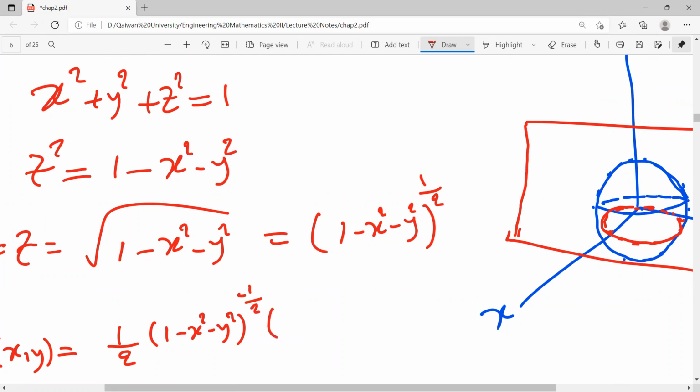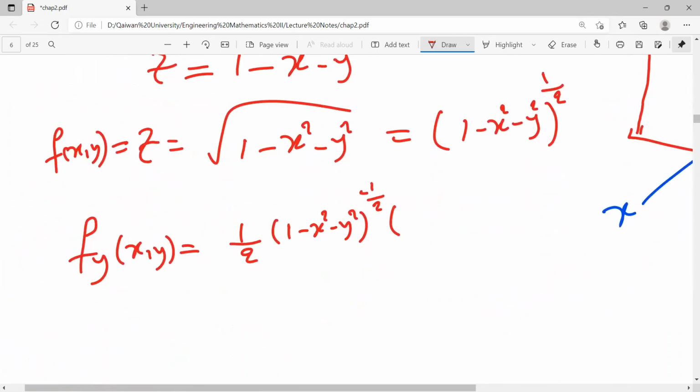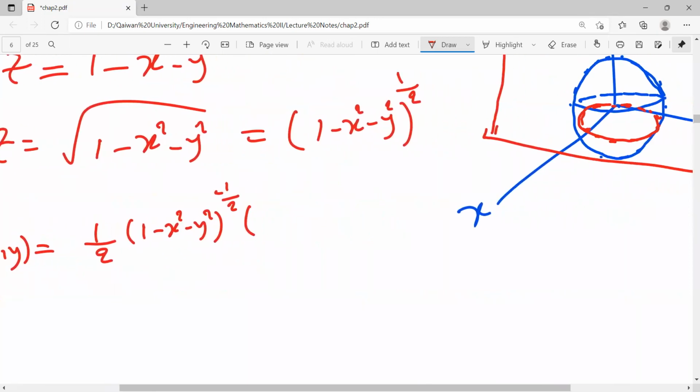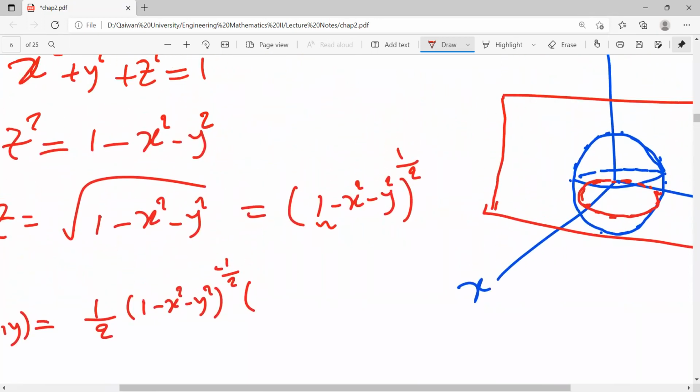Multiplying by the derivative of the inside with respect to which of the variables? With respect to y. If we take the derivative of this function with respect to y, the first term is a constant, so 0. In the second term, we have only x, so it's 0 also. So it is minus 2y.